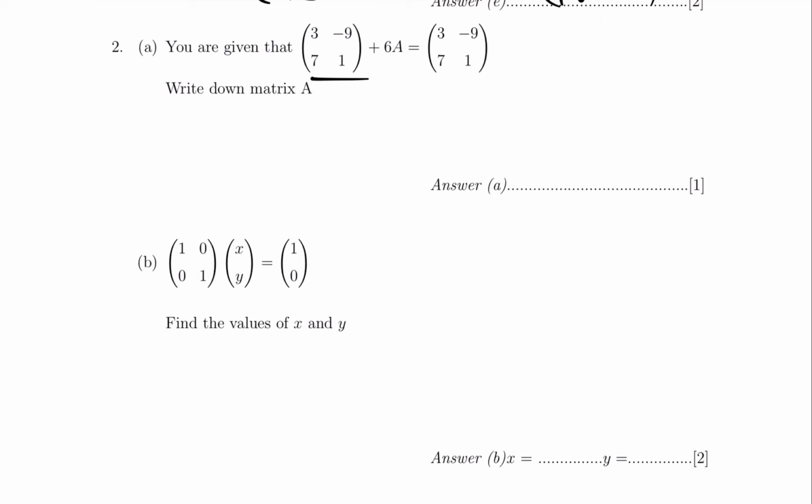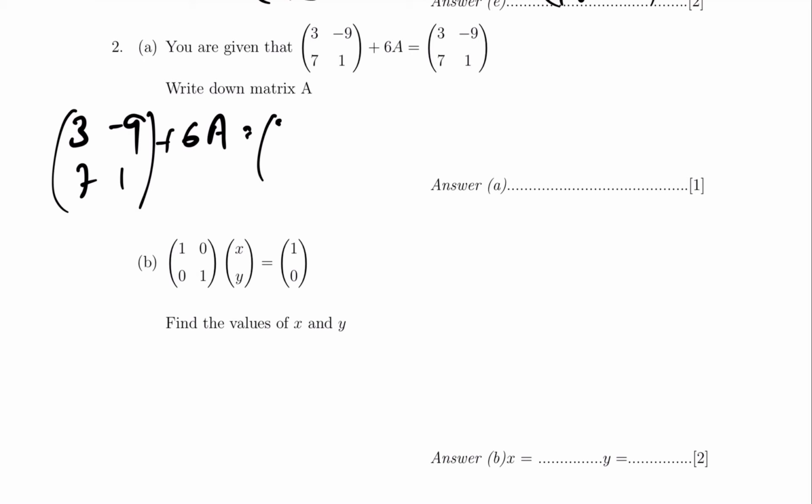But we can also calculate this algebraically. Let's say 3, -9, 7, 1 plus 6a is equal to 3, -9, 7, 1.